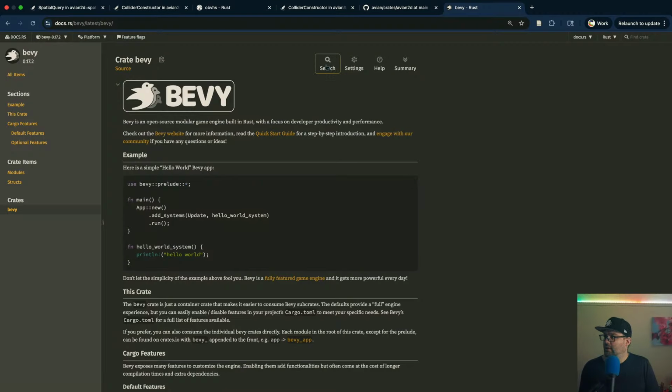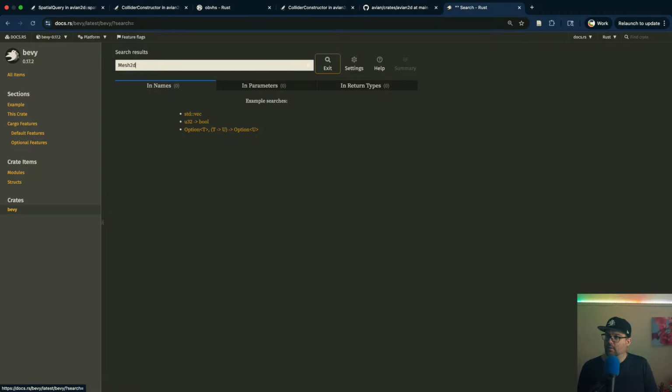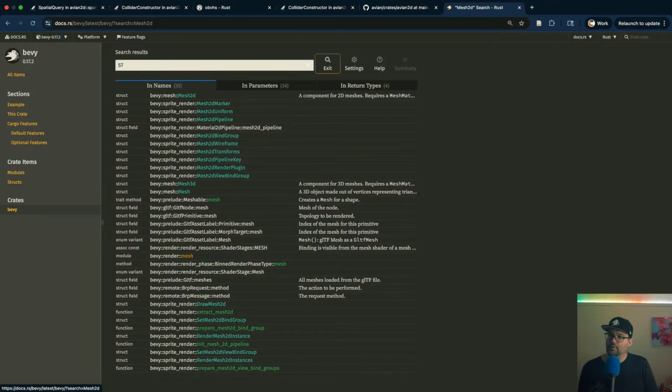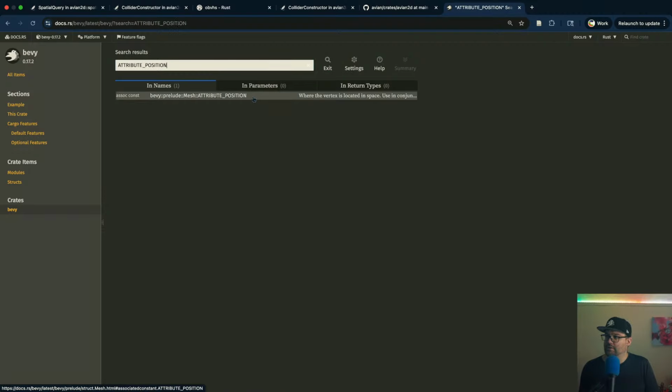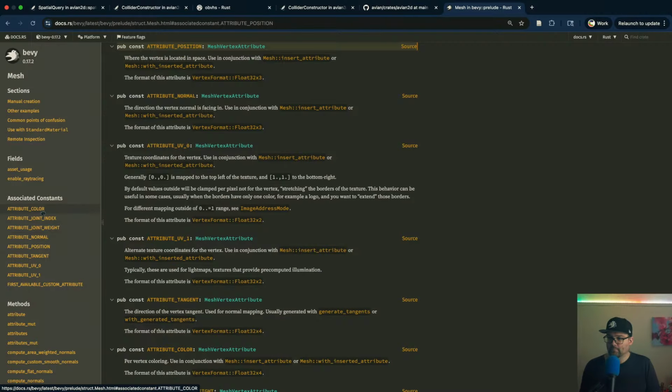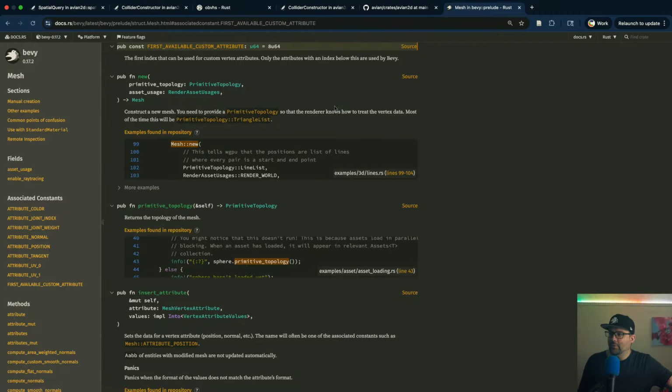So Bevy, attribute. We'll go for attribute position. I think this is on mesh, but yeah, color, joint index, joint weight, normal, position, tangent, UVs. First available custom attribute. Not technically an attribute on the mesh, which is the problem.